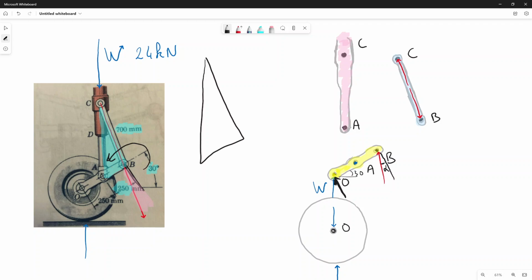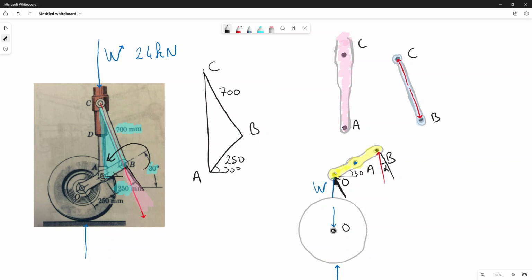A, B, C. We have 700, 250. And we know that angle there is 30. So this angle inside, let me draw it in purple, will be 60 degrees.